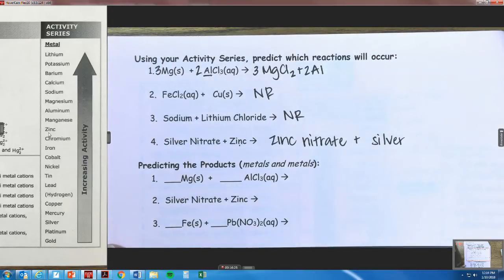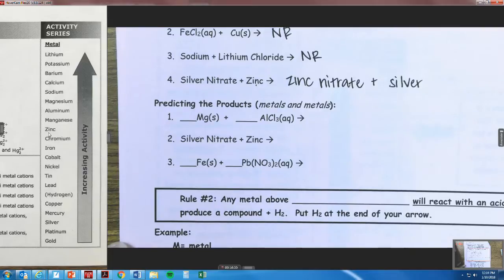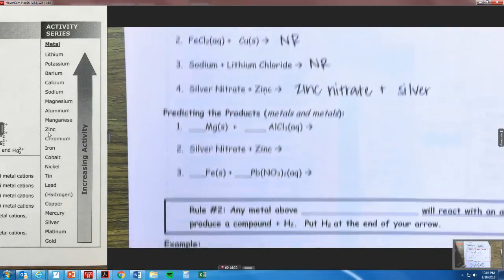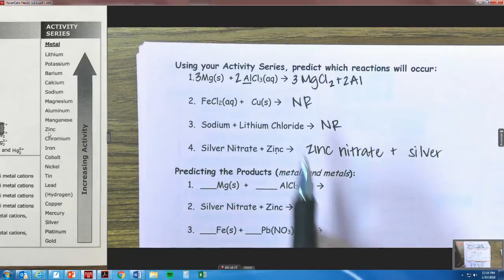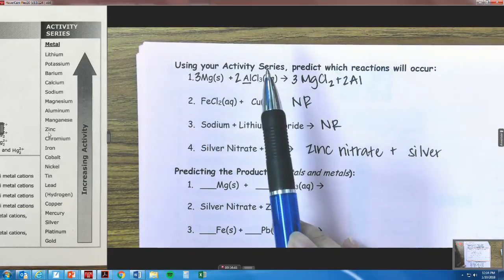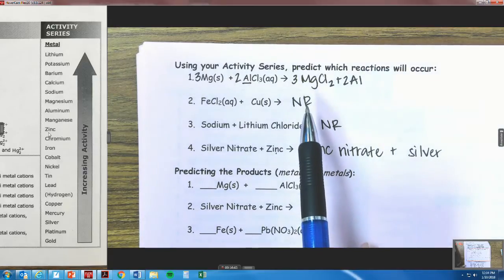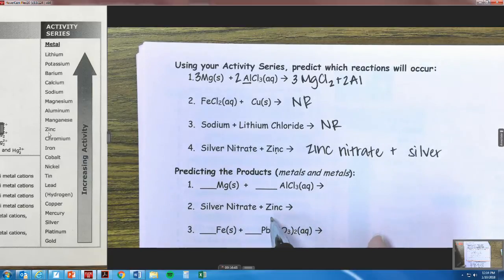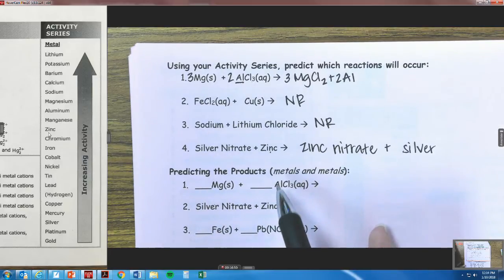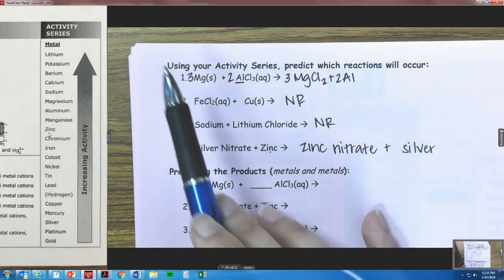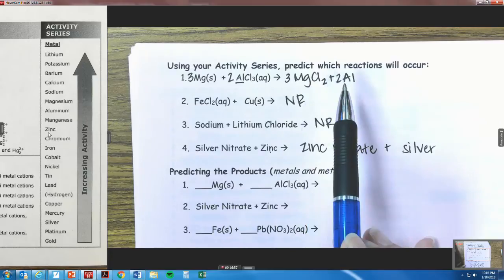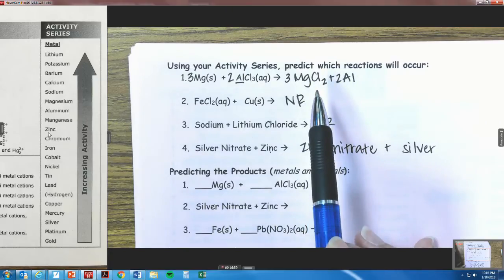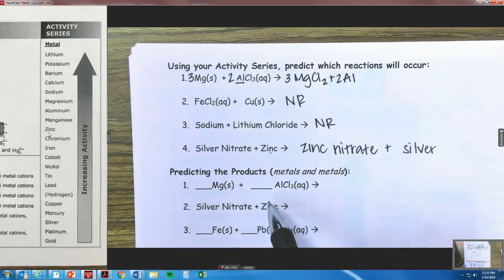Okay? All right, so now we're actually going to predict the products from some of the equations that we had up here. Well, to be honest with you, because number 1 and number 1 are the same, and we already balanced it, and we also predicted the products, we're going to go ahead and skip number 1 then.